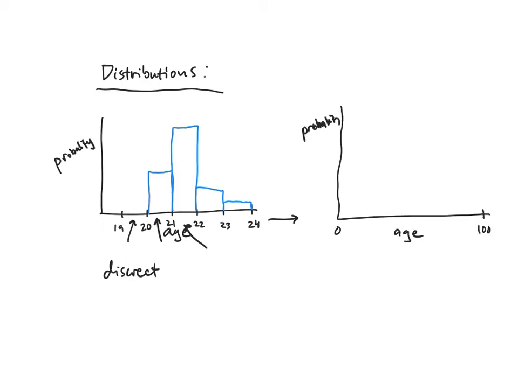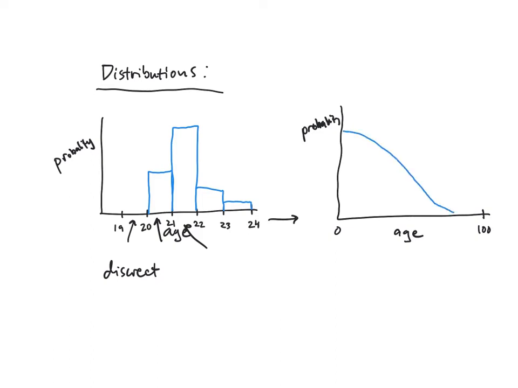Okay, now over here on this graph, if I don't want to split it up by year, but maybe I want to split it up by month or day or second, or just an infinitesimally small amount of time, then I'm not going to make a discrete distribution. I'm going to make something else. And it's not going to be described by a bar graph, but more like a curve.